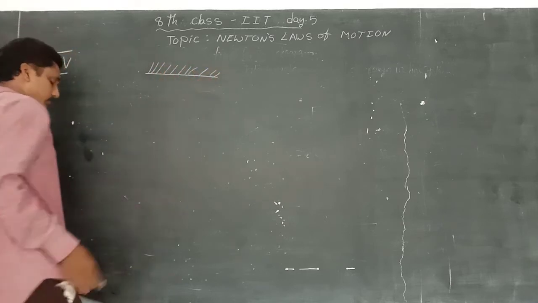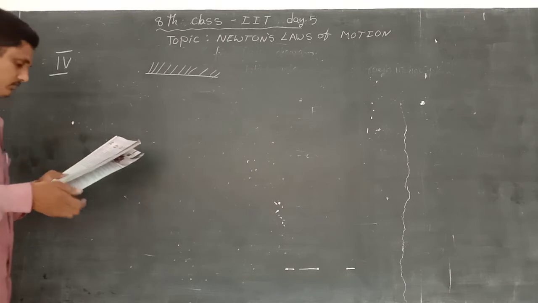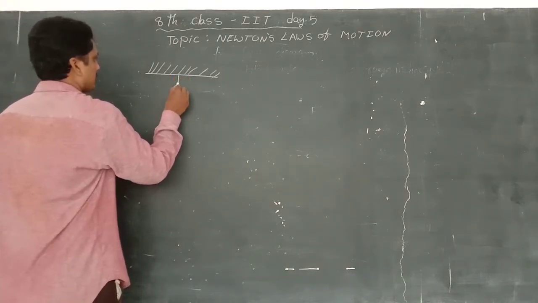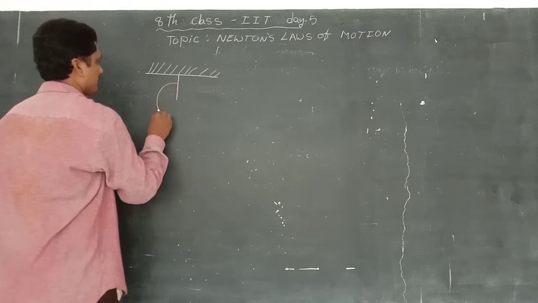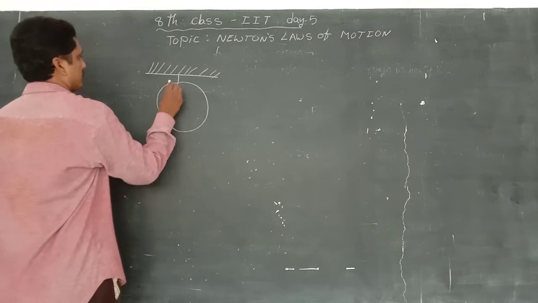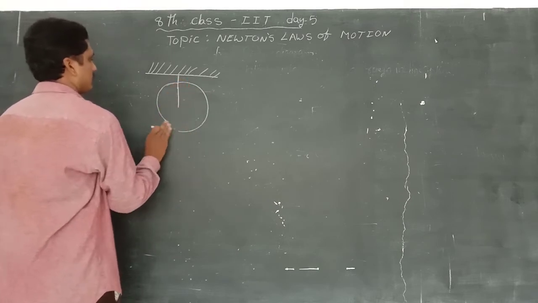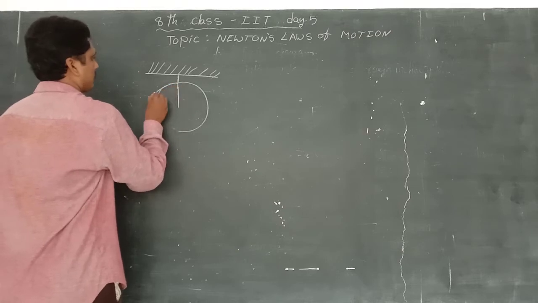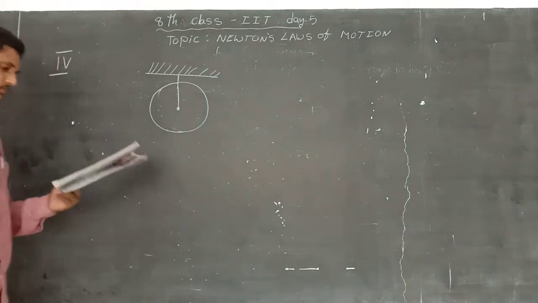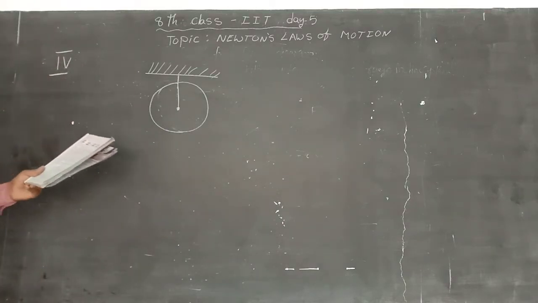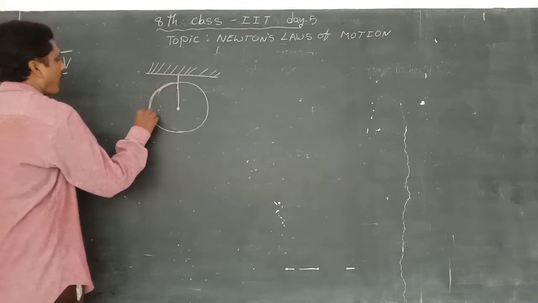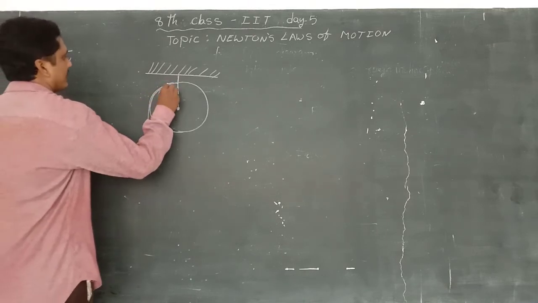And this is the pulley. Two bodies are attached with an inextensible, light, massless string.